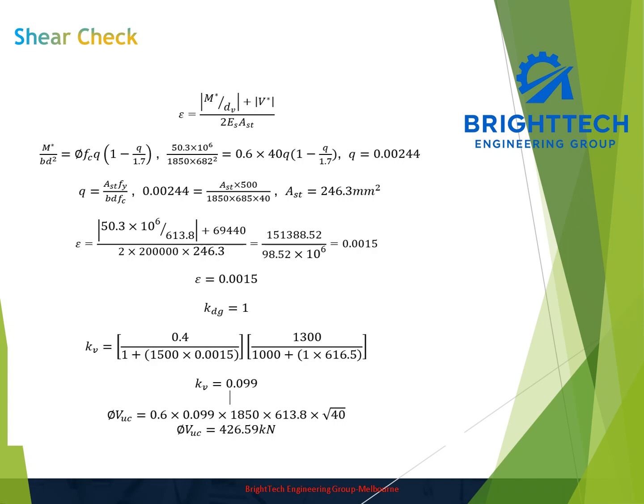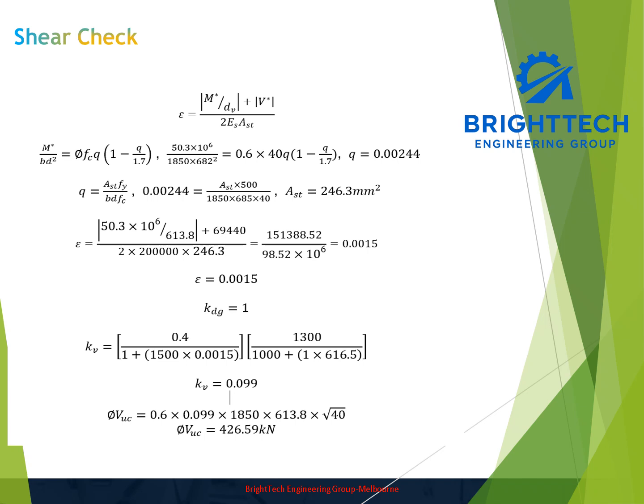Then Q is Ast fsy over b d fc'. Substituting the Q here, we can find out the required steel for the section. Then we can substitute this amount into the equation for epsilon, and we can find epsilon. This is the strain.